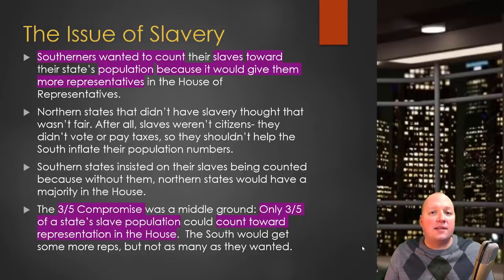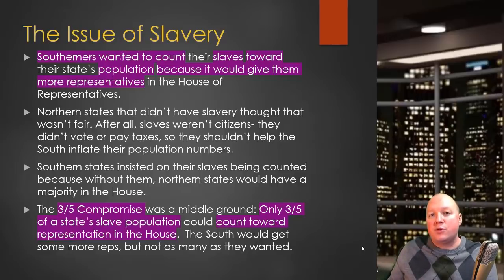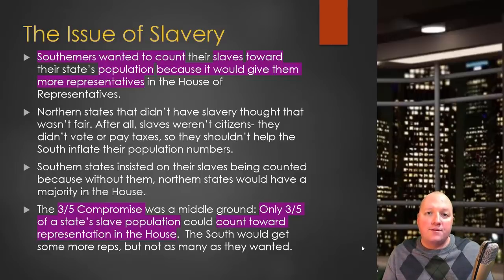So if you have 100,000 slaves, you add 60,000 to your total population. If you have 1,000,000, you can add 600,000 to your total population. You get the idea? 3/5 is 60%. So you count up all your slaves and you can add 3/5 or 60% of that number to your total number so you can have more reps.